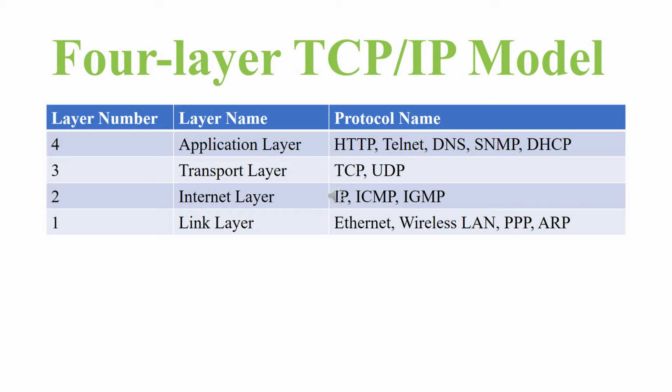Here are several examples of application layer protocols. HTTP, Hypertext Transfer Protocol, provides World Wide Web services. Then we have Telnet, which is used for remote access to a computer. Then we have DNS, domain name system, which is a distributed service used to translate between domain names and IP addresses.